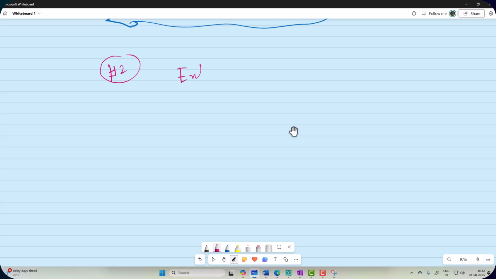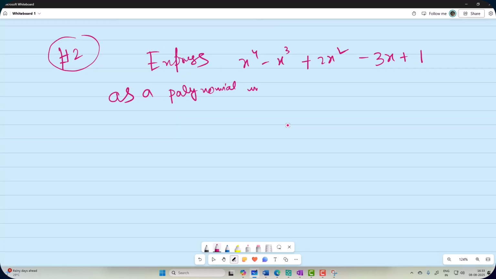Express x to the power 4 minus x cube plus 2x square minus 3x plus 1 as a polynomial in x minus 3.